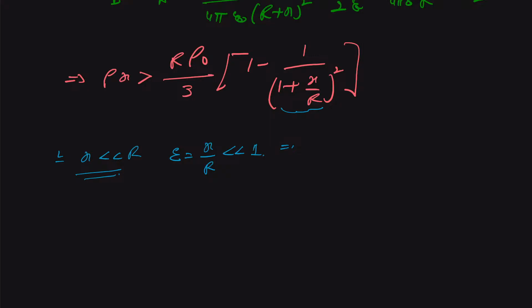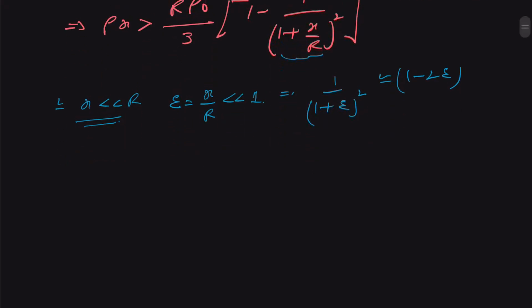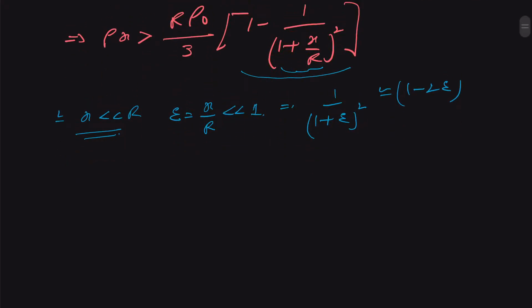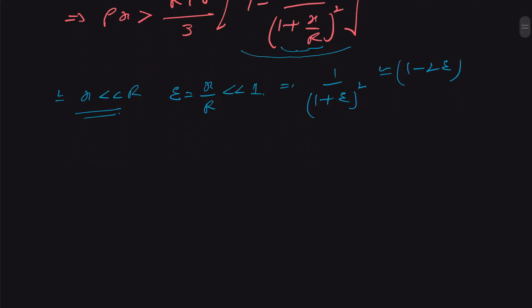So therefore we can write this as (1 plus epsilon) whole square, and this will be approximately equal to 1 minus 2 epsilon. Okay. And so we take this entire bracket and we get this as 1 minus 1 upon (1 plus x upon r) whole square. This will be approximately equal to 2x upon r. Okay.